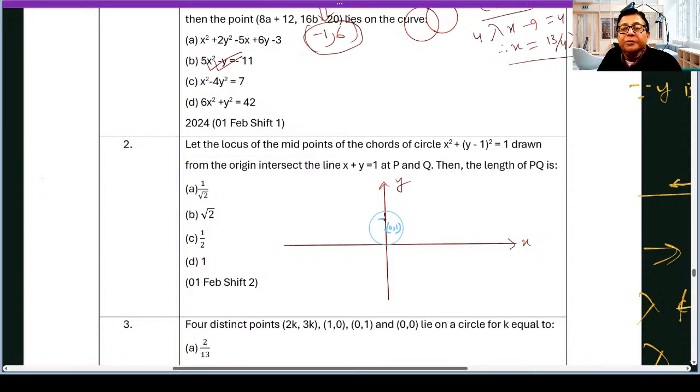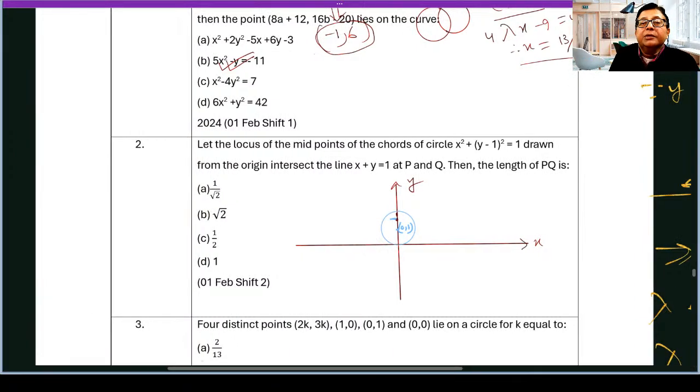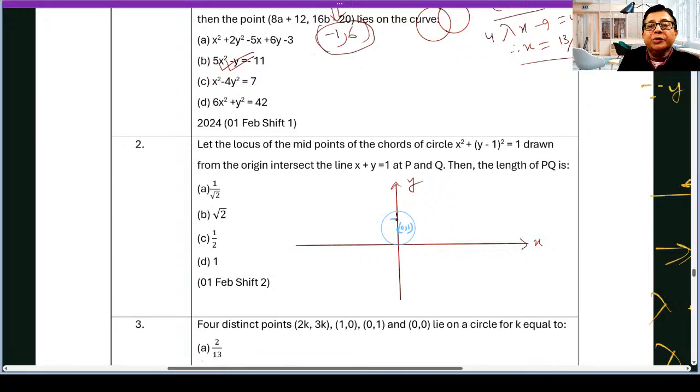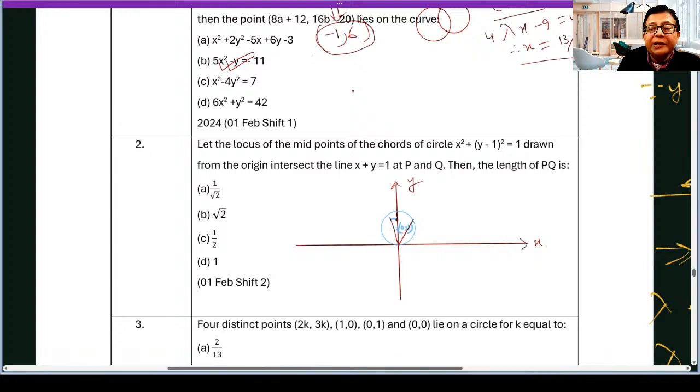Locus of the midpoint of the chord drawn from the origin to this circle. You are drawing chords from the origin. How many chords can be drawn? Infinitely many, no one can count. How many you draw is up to you.